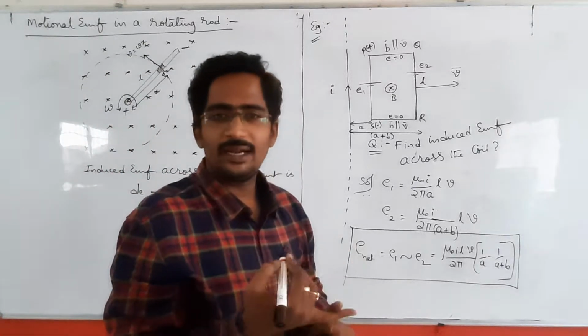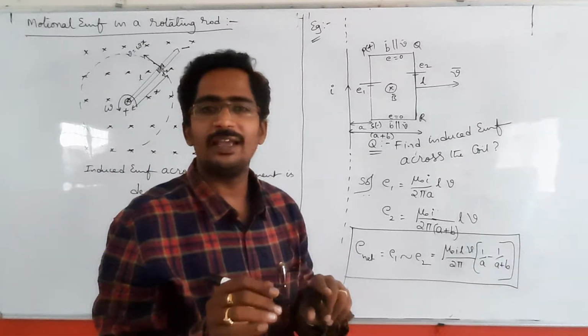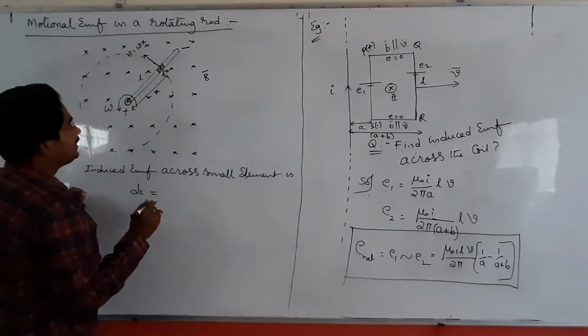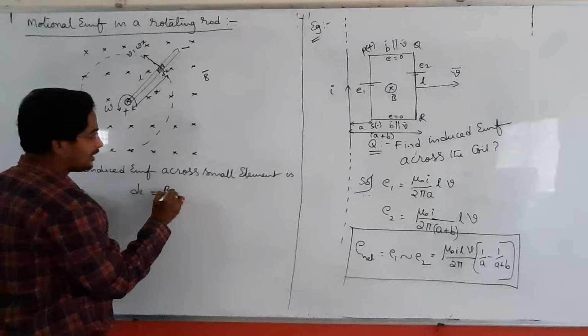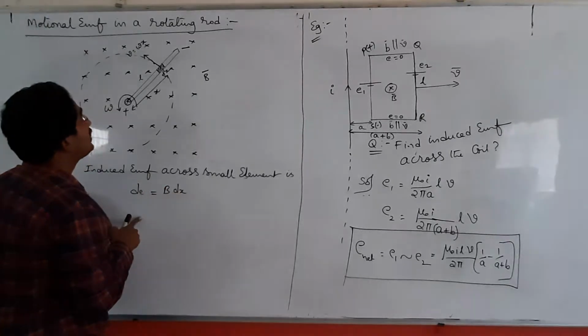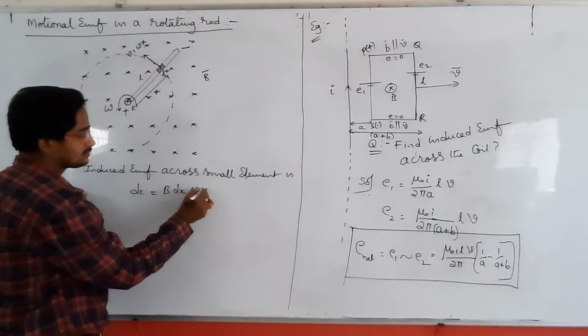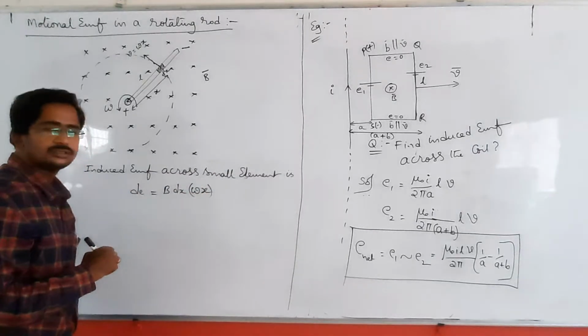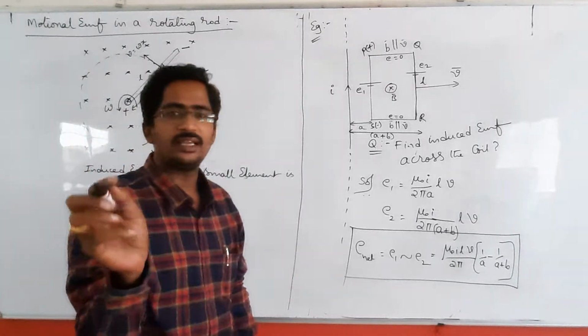Right? Because B, l, v all are mutually perpendicular to each other. So B l v. Here l means dx, v means omega x. So dE equals B omega x dx.